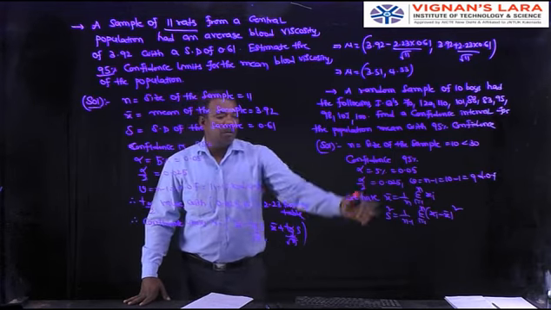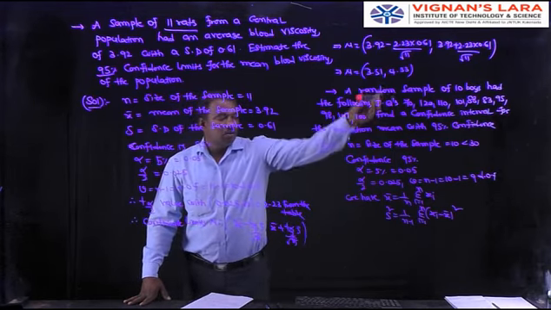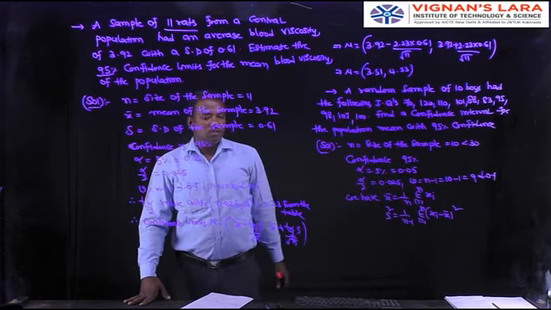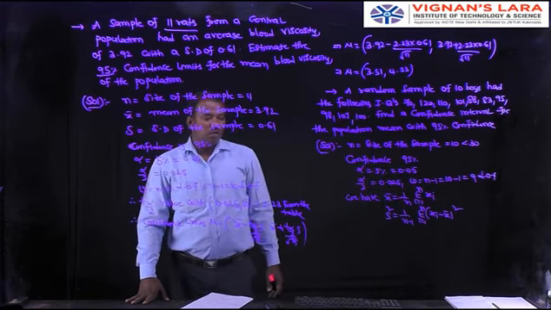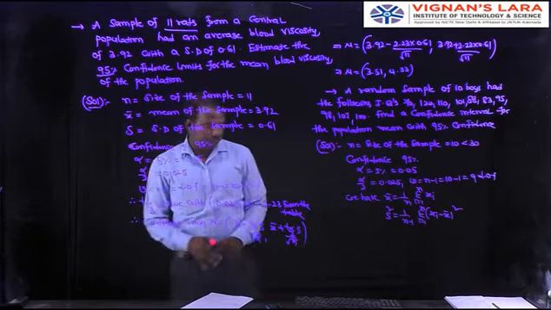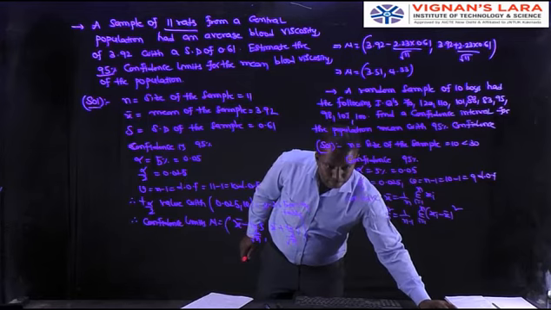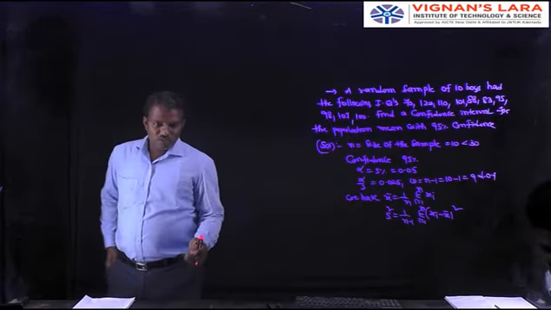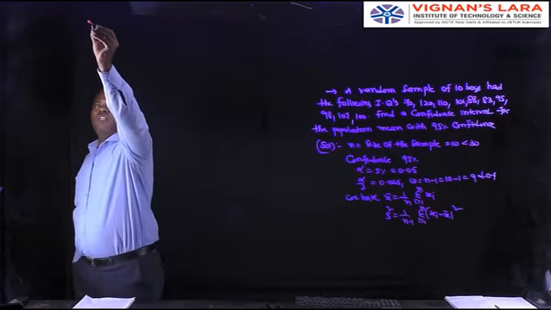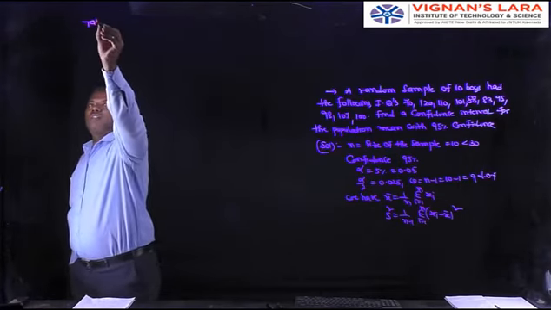So calculate x bar and s square with these two formulas for the above values. Then construct the confidence interval. Now calculate x bar and s square. For this, we construct the table for calculations.